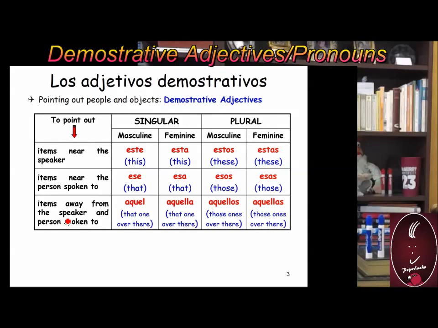es rojo. I use this demonstrative adjective that agrees in gender and number with the noun marcador. If I want to point to both markers, I will use aquellos marcadores son rojos, because I'm going to point to both markers.